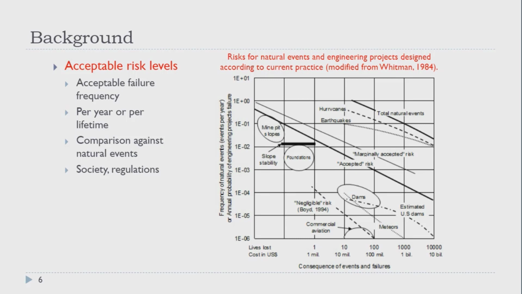Therefore, structures whose failure has higher consequences are designed to have a lower probability of failure. And by the way, this figure also shows interesting comparisons against natural events. In the end, the acceptable risk levels need to be established by society through appropriate regulation.